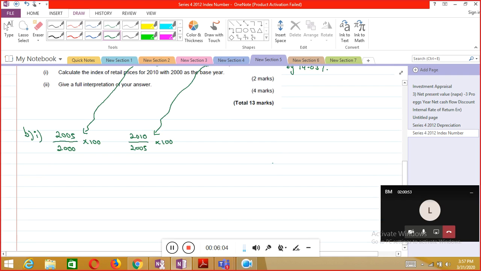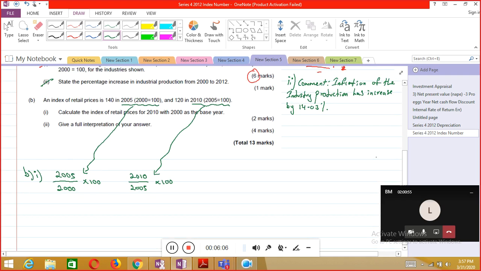So if you convert that into a value, for 2005 it is 140 for 2005 over 2000 times 100, and over here it is 120 for 2010 over 2005 times 100.